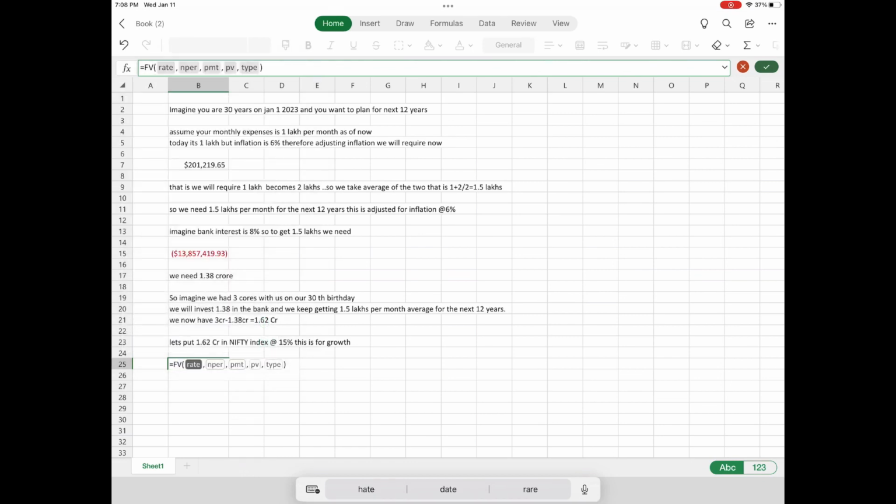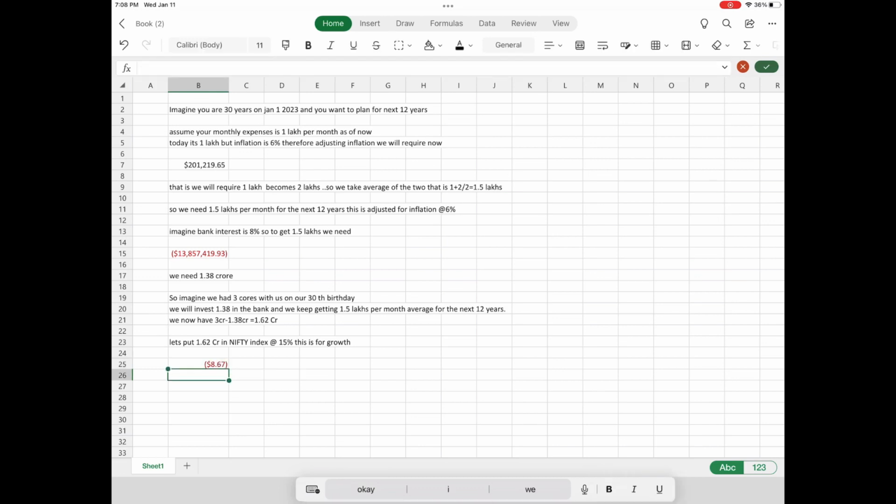The rate we take is 15% growth for Nifty, and the number of periods is 12 years. Per month nothing additional, so put 0 there. We are only going to put 1.62 crores now and completely forget about it for the next 12 years, and that's going to give you 8.67 crores.